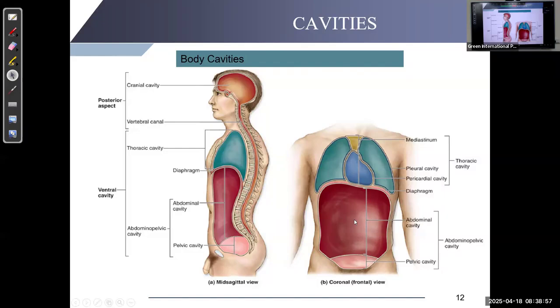Next, coming to the abdominal cavity. This is the biggest cavity here. What is there in the abdominal cavity? We have the digestive system, stomach, small intestine, large intestine, and all those. Okay, liver, gallbladder, we have pancreas, all those. Then we have peritoneum. It's not mentioned in the diagram. What is peritoneum?